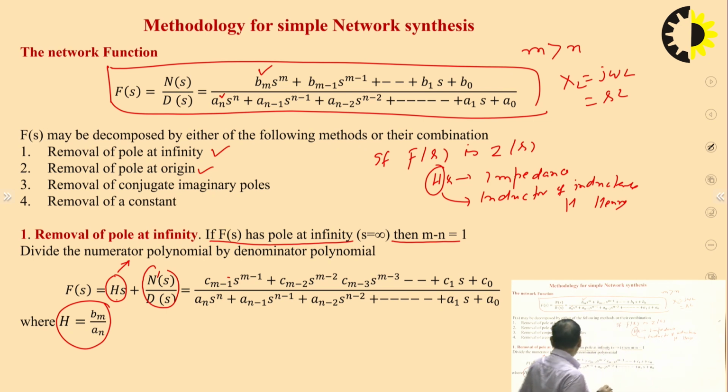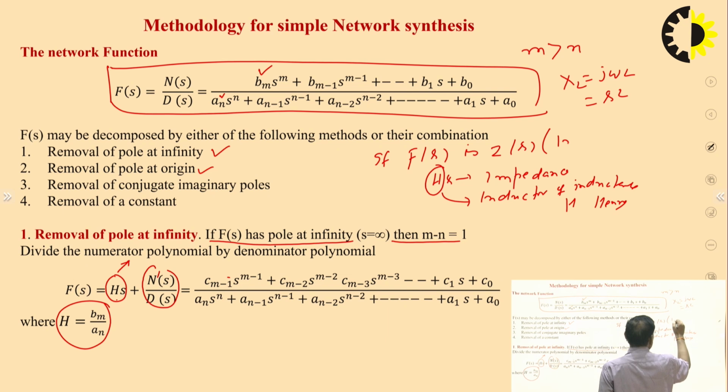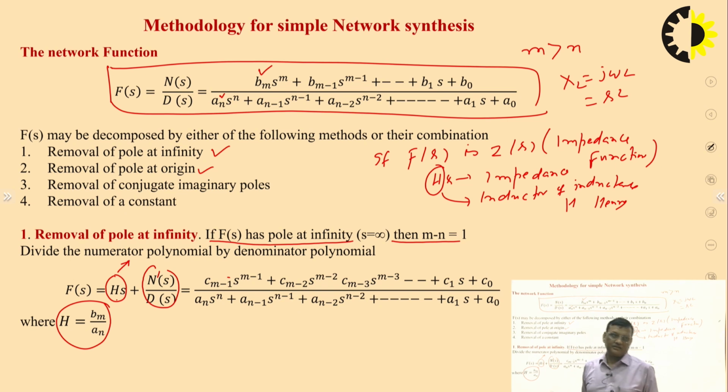So if F(s) is an impedance function, the first element we get is an inductor. When the numerator polynomial is of higher degree than the denominator polynomial, there is a pole at infinity, and carrying out the division, we get one element which is an inductor if the function is impedance.